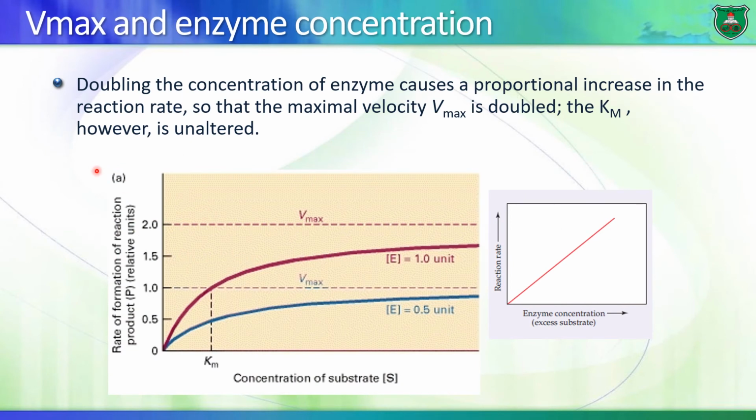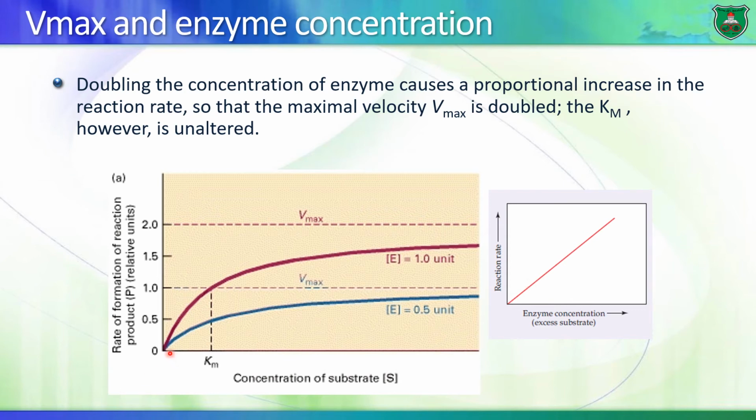So what is the effect of enzyme concentration on Vmax? So we talked about Km, right? So let's talk about Vmax right now. Now the idea here is that the higher the enzyme concentration, the faster the rate of the reaction. It makes sense, right? So the more enzymes you have, the faster the reaction.